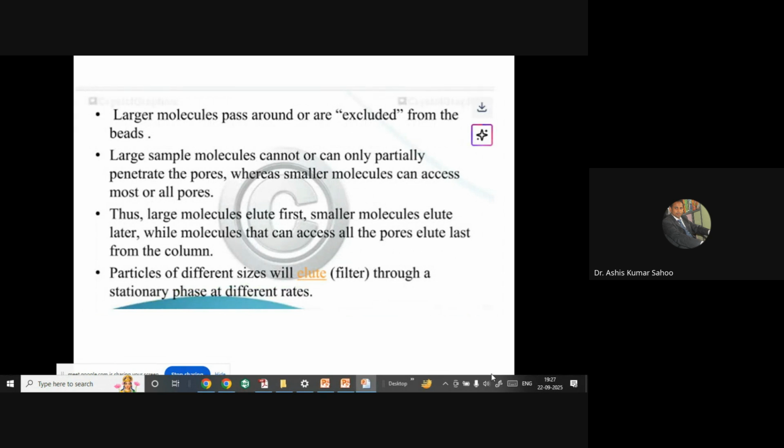Large sample molecules cannot or can only partially penetrate the pores, whereas smaller molecules can access most or all pores. The larger molecules elute first, smaller molecules elute later, while molecules that can access all the pores elute last. Particles of different size elute from the stationary phase at different rates.